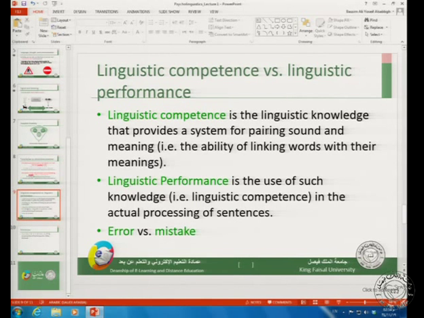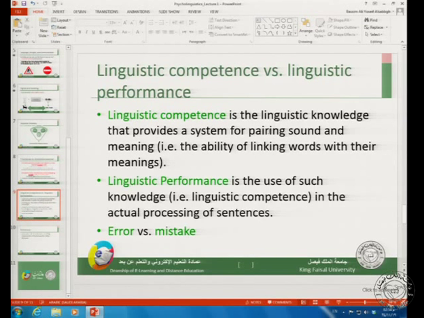It is the knowledge of language. So linguistic competence is the actual knowledge of language. You know how language is used. You know how a certain sound is linked to its meaning. You know how to link the word book to the actual book, the physical book.